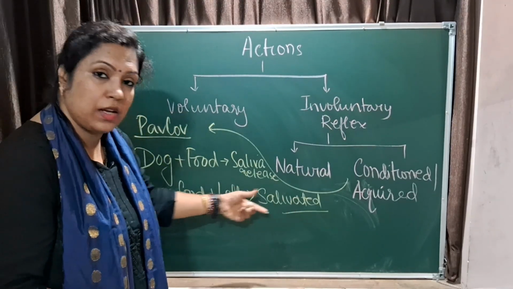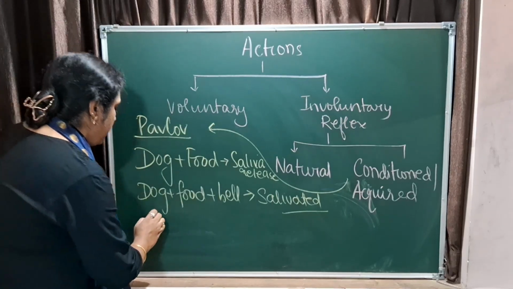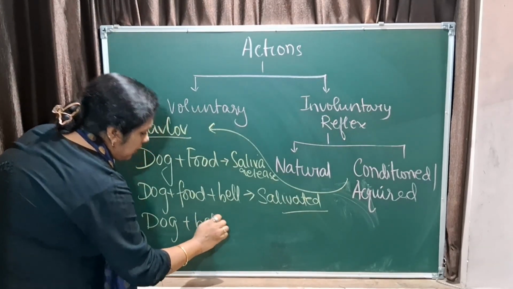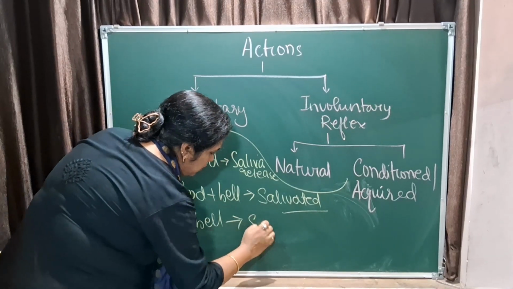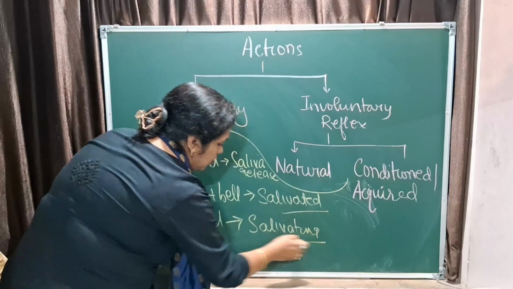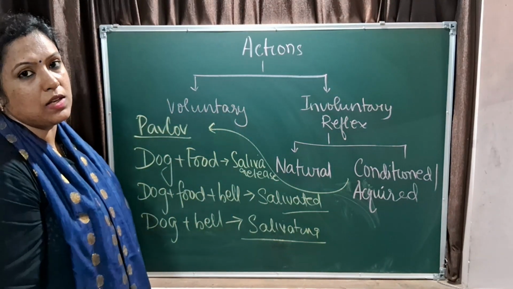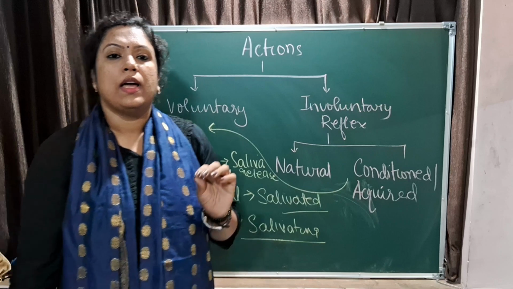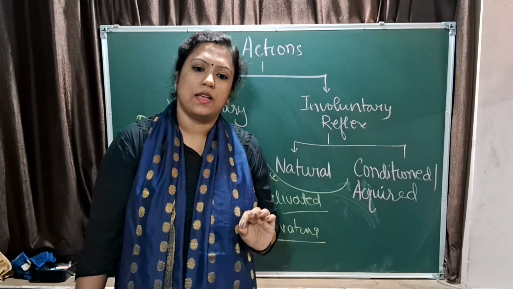This is the conditioning he did. Later on, when Pavlov just rang the bell without the food, the dog started salivating. This is what he explained about the conditioned reflexes. So Pavlov experiment is about conditioned reflexes.